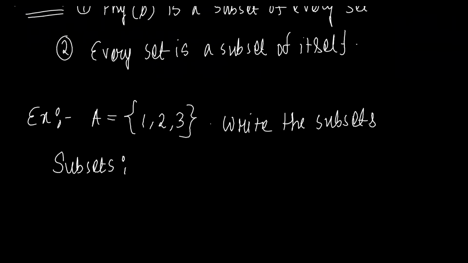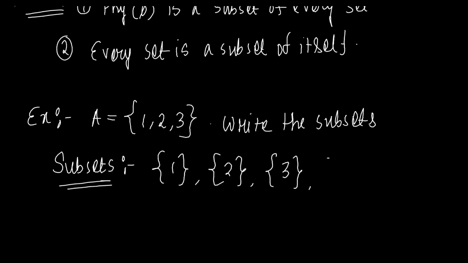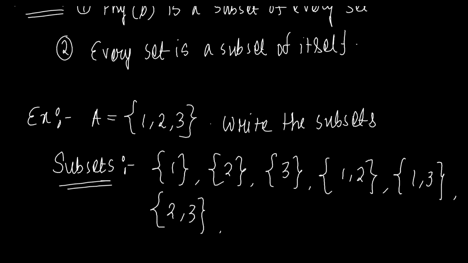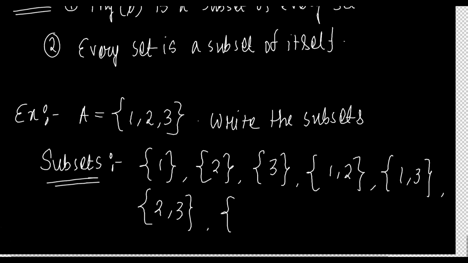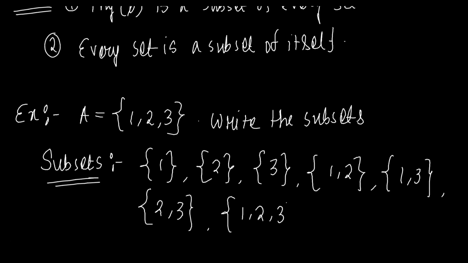Suppose if I take a set having only 1, so this will be a subset. Then 2, then 3. Then we will take 1 comma 2 also, then 1 comma 3 also, then 2 comma 3 also. And also the set itself, that is 1 comma 2 comma 3.